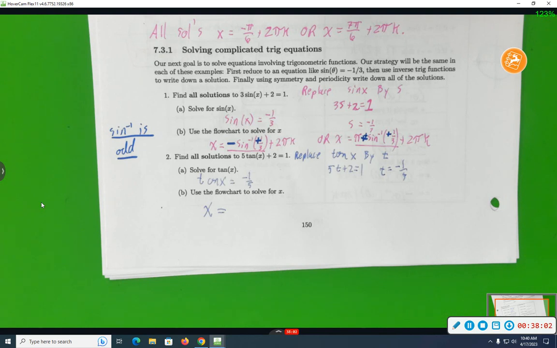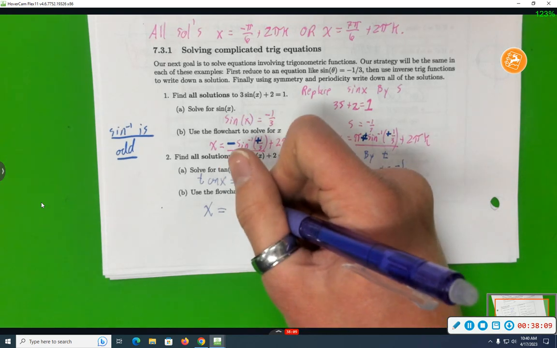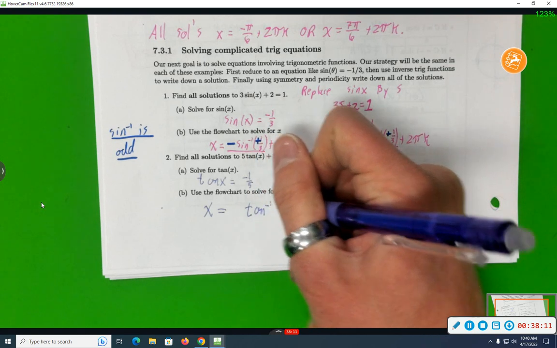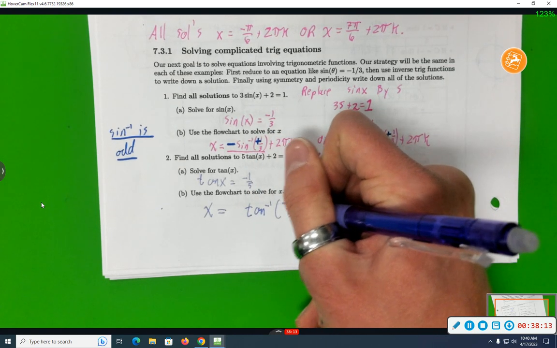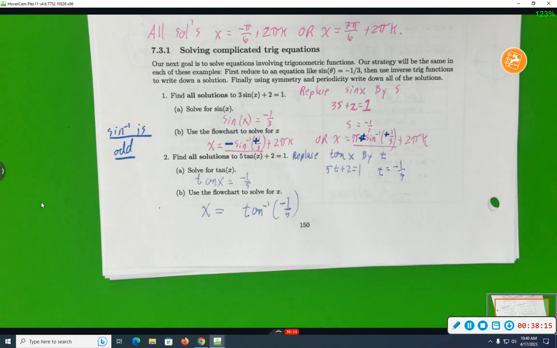What's the simplest solution to this equation? Inverse tangent of negative 1/5. And maybe one thing you should automatically do is ask yourself, is that a number you see for tangent on the unit circle? Is it?